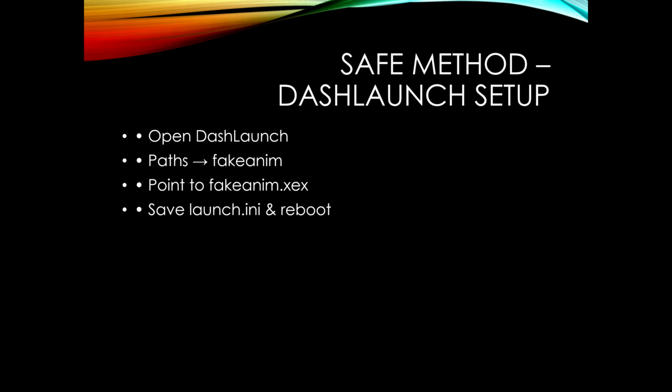You would select that as a path, then you'll save the launch.ini file and reboot your console after that. This is the same method you'll use when you're setting the Aurora dashboard as a default path, and you'll use your controller to navigate to the correct menu to save that INI file.